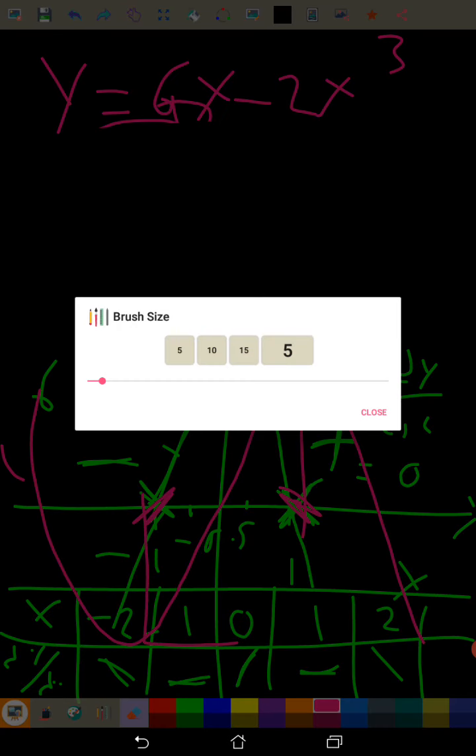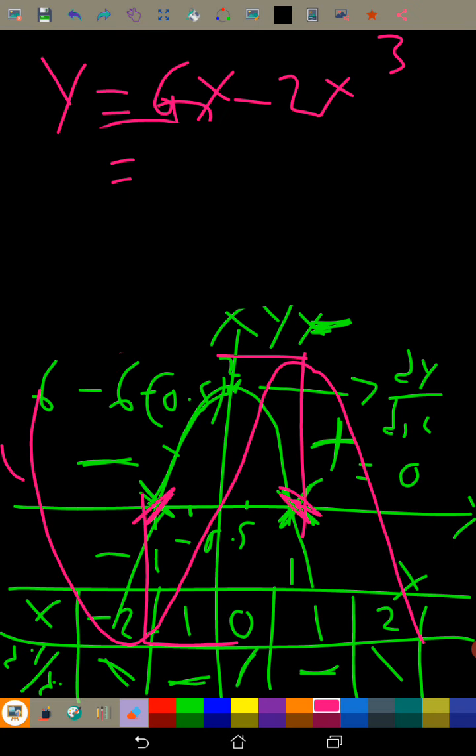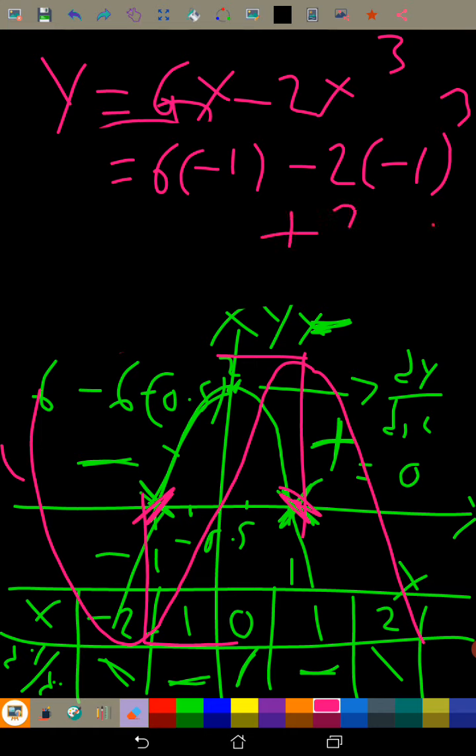We can insert this when it's -1 here. 2 -1 cube. This is going to be -1. -1 times this plus 2 -6. It's going to be -4. So we have the coordinates -1, -4, right?